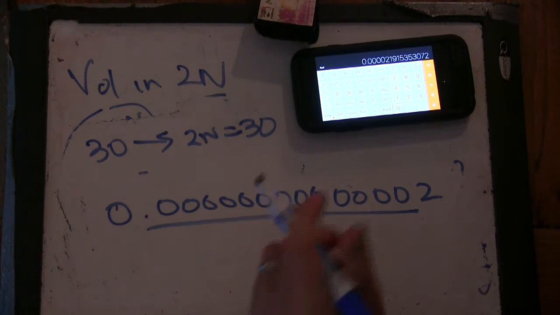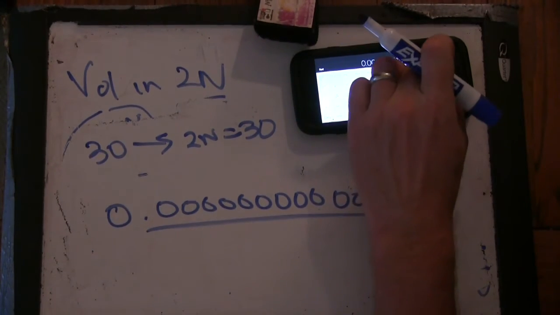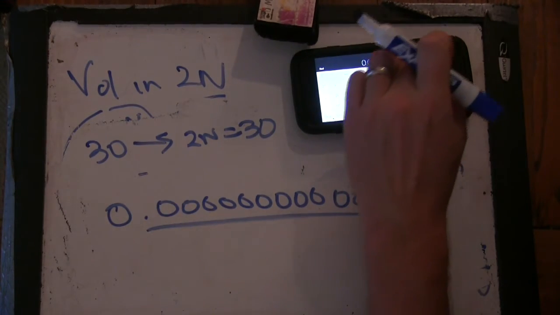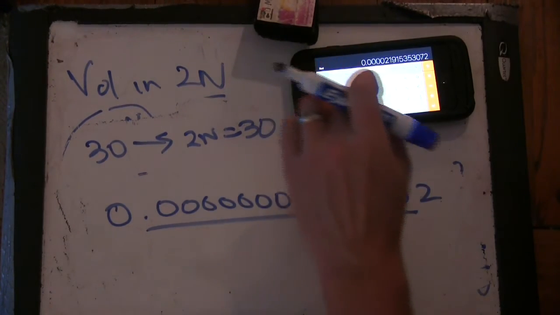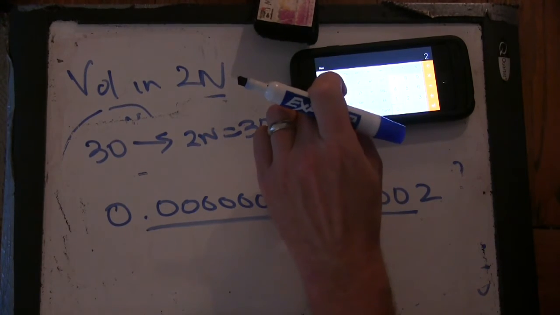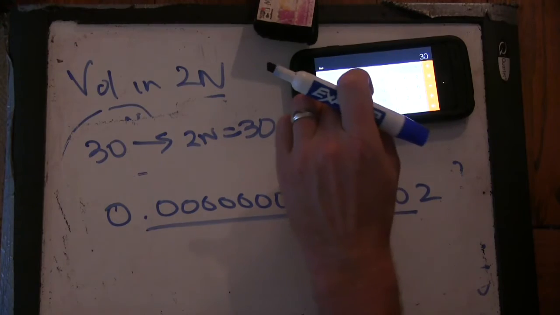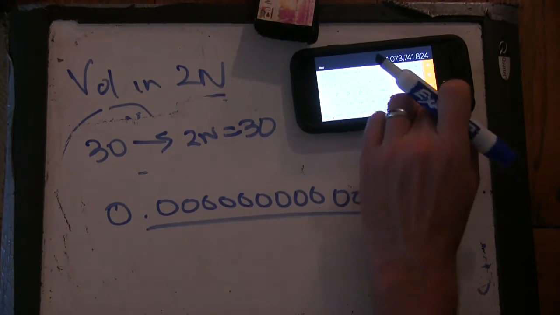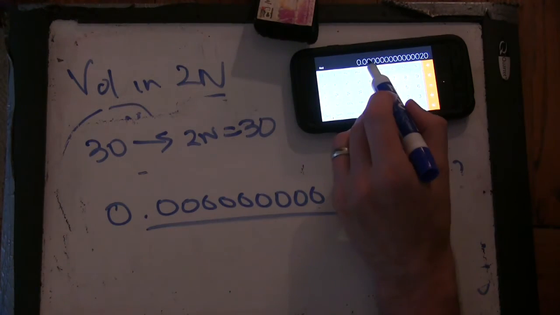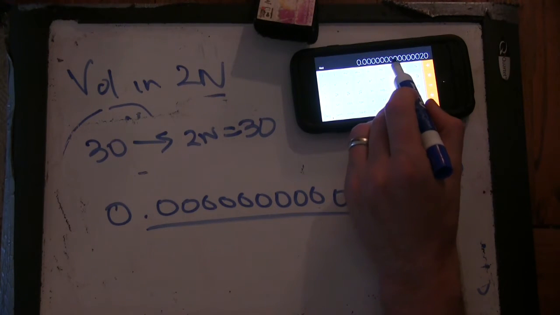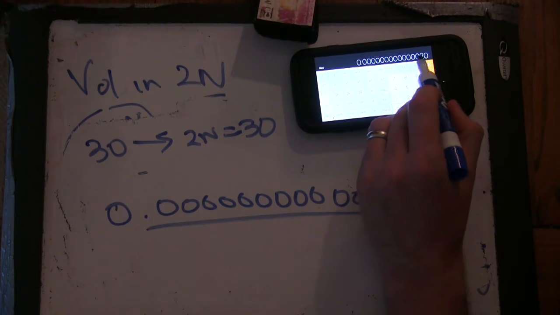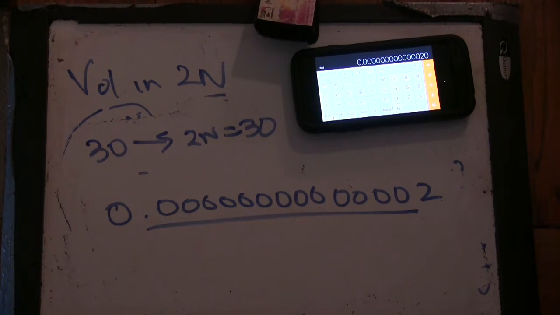We rounded here and there, but approximately. So there we go. Some super, super tiny amount of space in that 30-dimensional sphere.